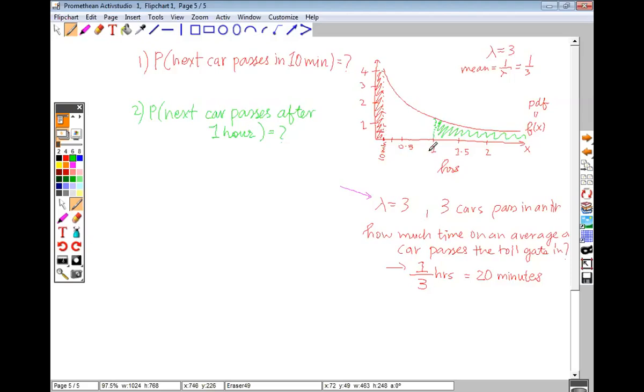Perfect. So again, next question. This can be a bit trickier one. So now my question is, the probability that a car will pass at exactly 15 minutes.